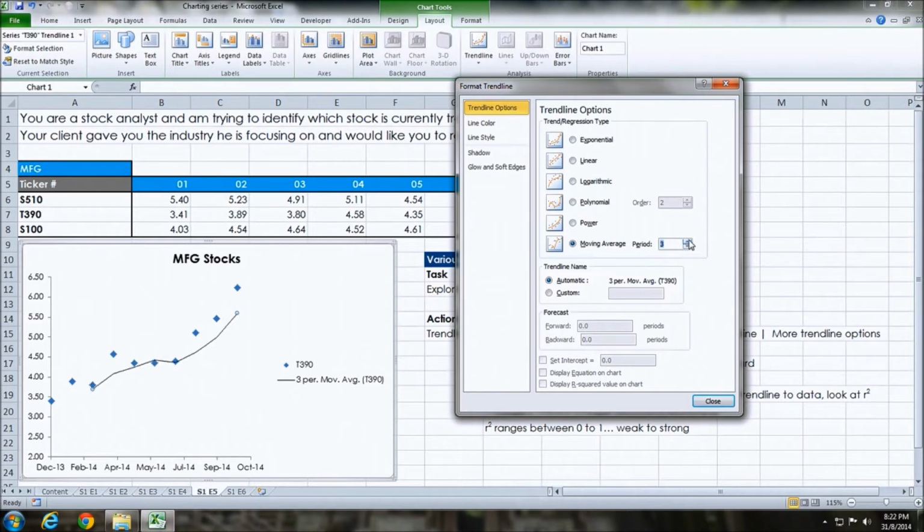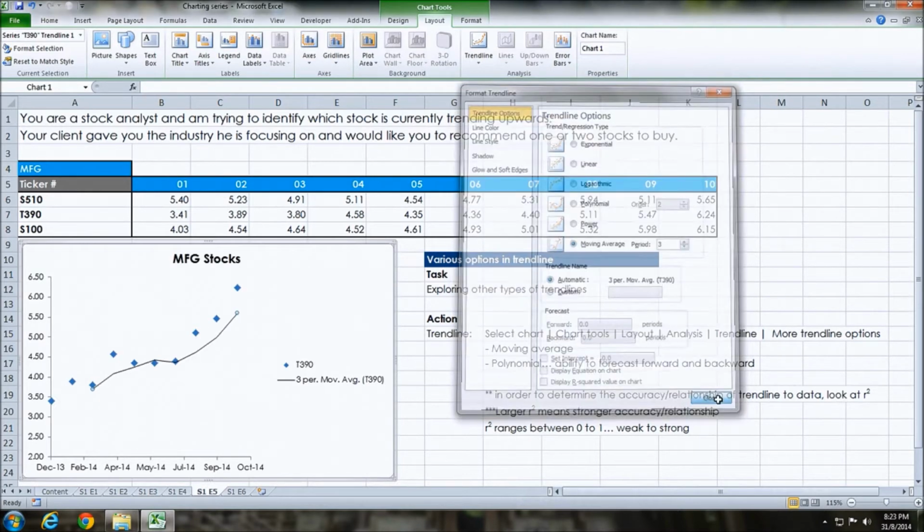If you increase it to 3, you realize that the moving average trend line actually shortens, and that's because to plot the first data point, it requires more historical data sets to plot the average, right? As it progresses, it uses the 3 historical data points to plot the average trend line, and this is how it actually plots it out. So that's moving average, right?